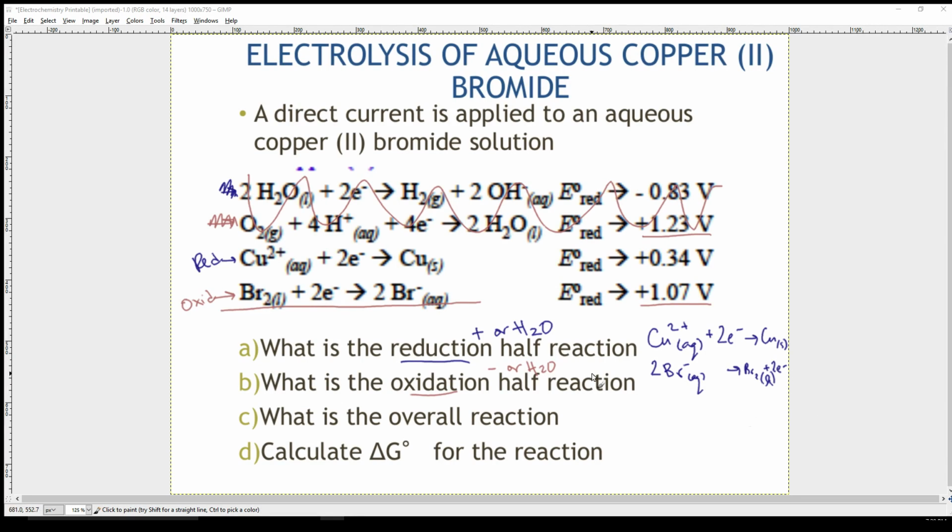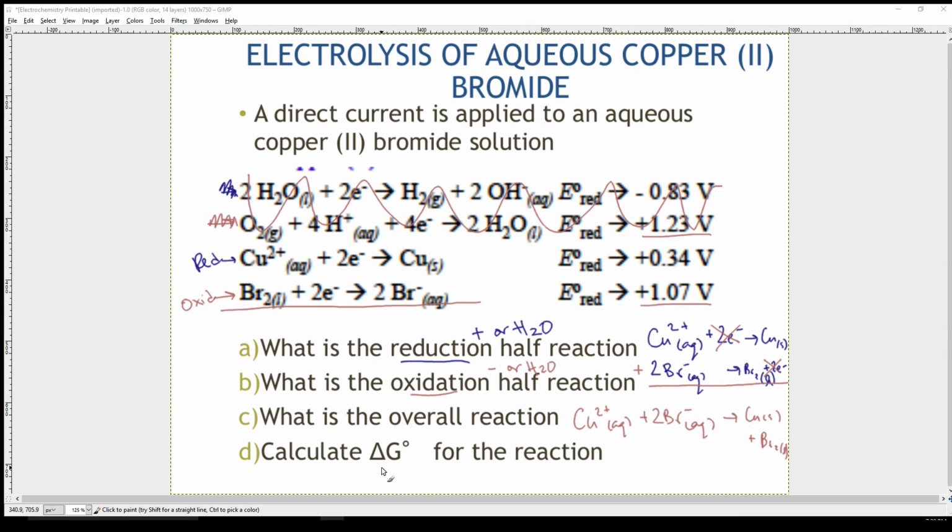Okay, now we can add these together. Now our electrons cancel out. So our final answer will be copper 2 plus, 2Br minus reacts to form solid copper plus Br2 liquid. Okay, that's my overall reaction.